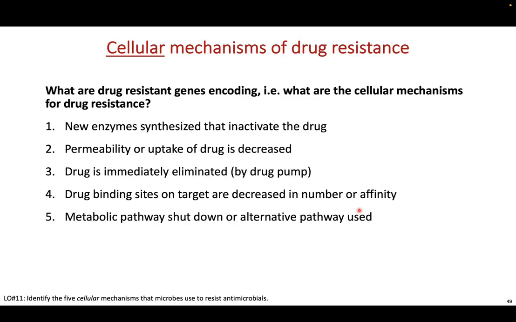One of them is that these new genes will be responsible for synthesizing new enzymes that will inactivate the drug, or these genes will be coding for proteins that will cause permeability or uptake of the drug to decrease.